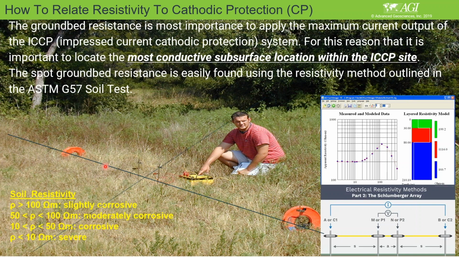area. Based on these resistivity values, corresponding to your resistivity results on these sections, you can also give an indication of the soil resistivity, like a corrosive zone, slightly corrosive, or severe area. It can be designed in this case.